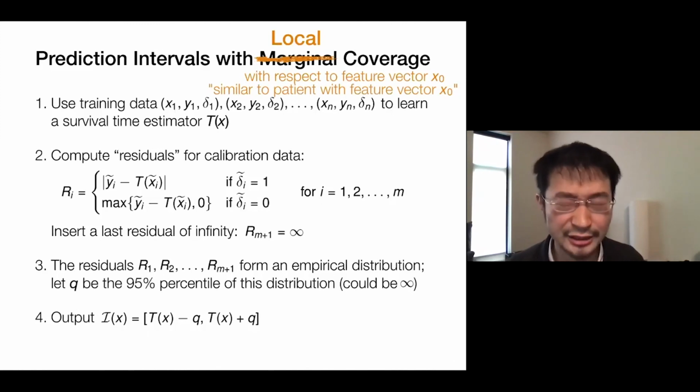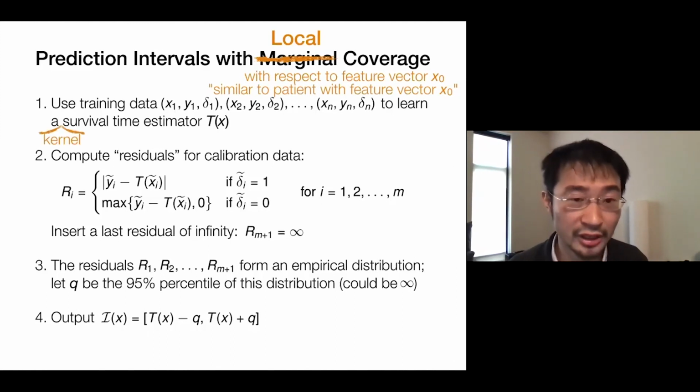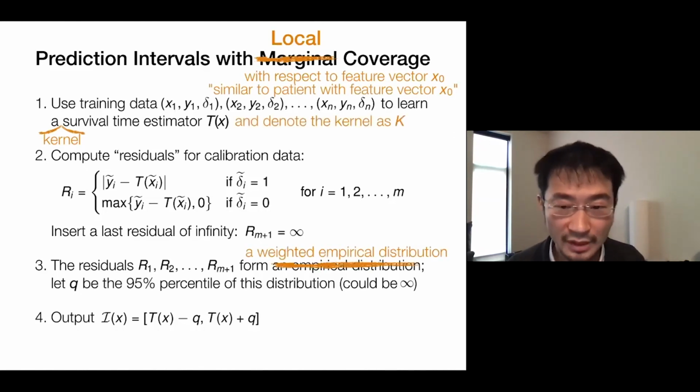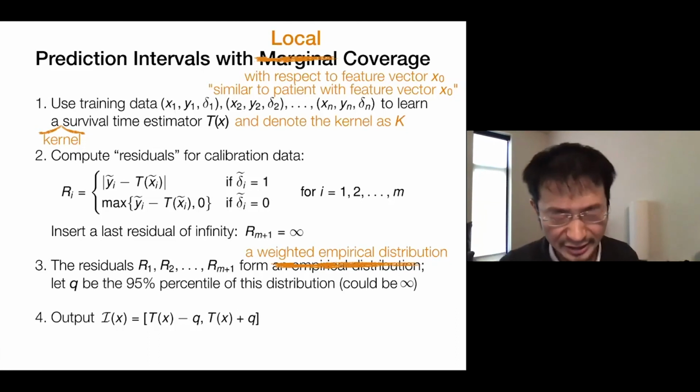What changes is, in step one, we're going to learn a kernel survival time estimator, and the kernel is going to be called K. And the only change after step one is in step three: instead of looking at an empirical distribution where every single point has equal weight, we're going to use a weighted empirical distribution.